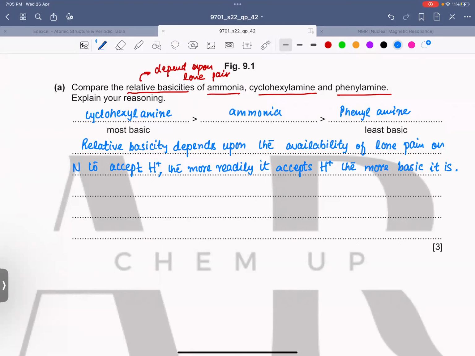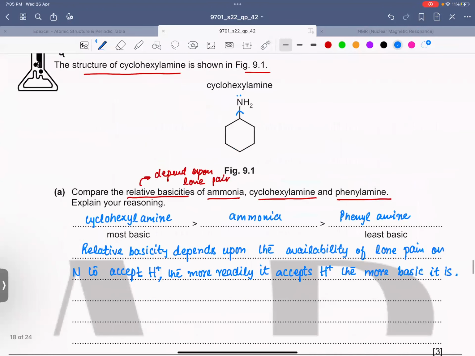Okay, so if we look at the formula of cyclohexylamine, it would be C6H11NH2.